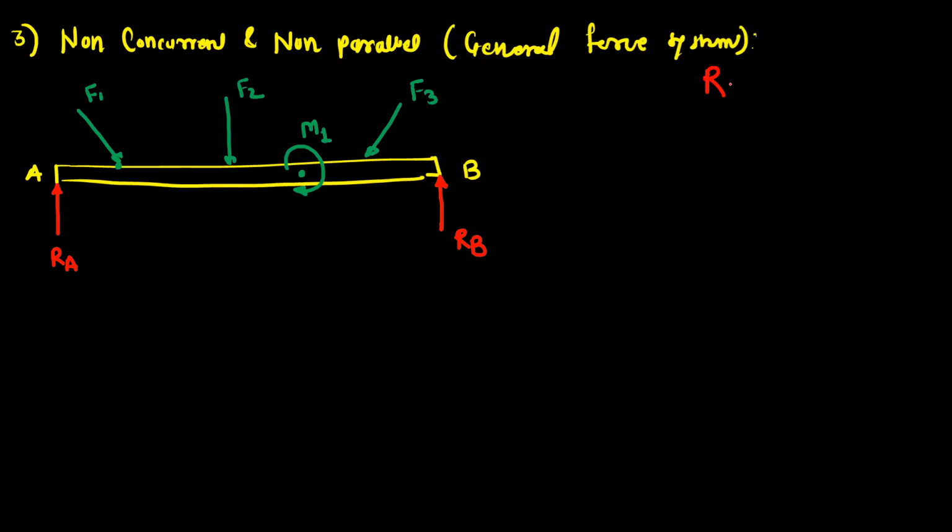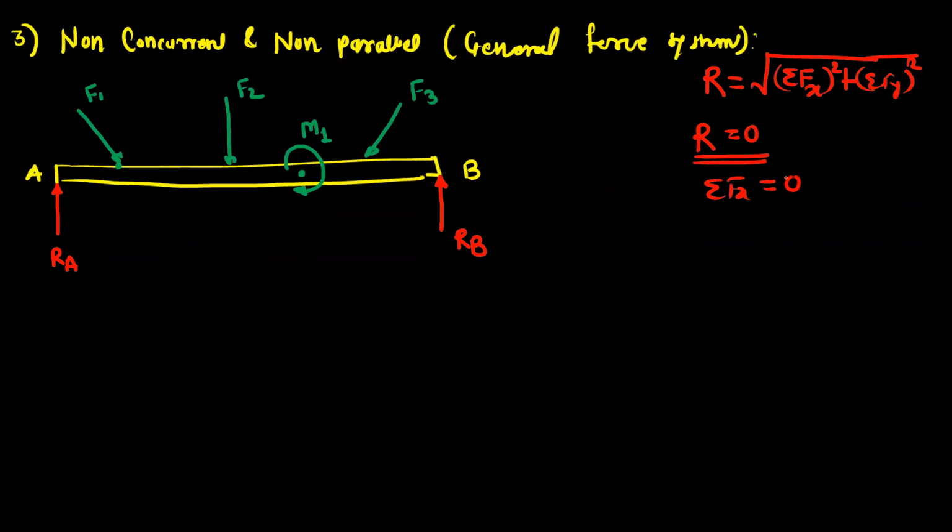For this system, just recall the resultant of a general force system. For a general force system, we write the equation R is equal to the square root of summation Fx square plus summation Fy square. If you want the resultant to be 0, then summation Fx must be 0, and summation Fy must be 0. So these are two basic conditions for the general force system.